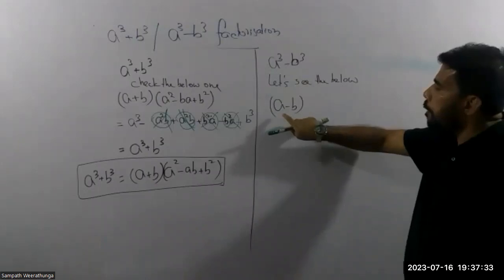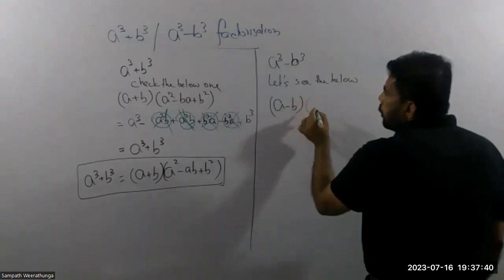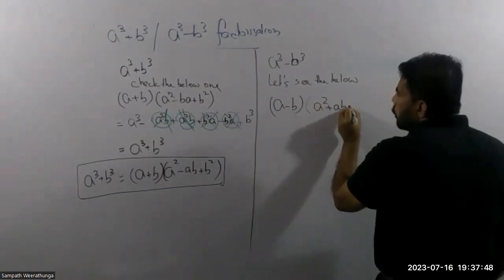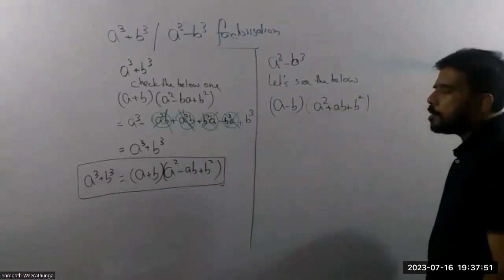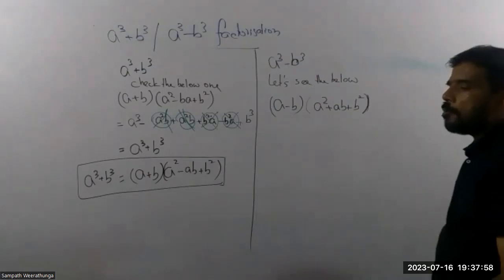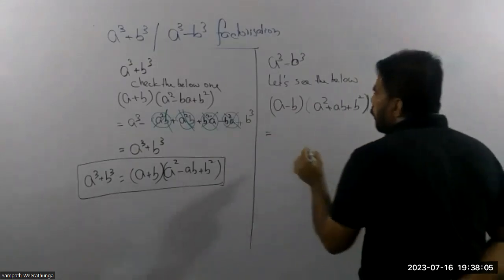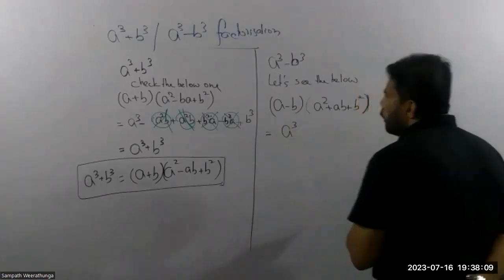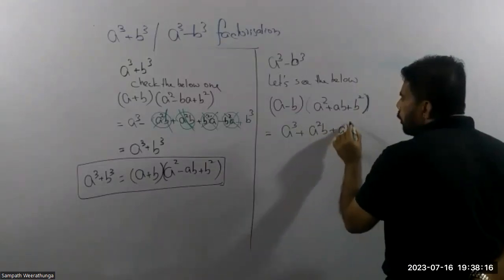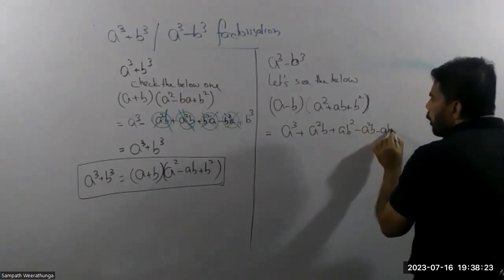So I'll write the fundamental basic form of the given problem, and multiply it with this form of expression, and see what the final outcome is. A times A is A cube, plus A squared B, plus AB squared, minus A squared B, minus AB squared, minus B cube.